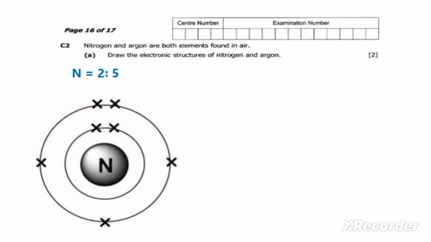Let us also consider argon. Argon, we start with the electronic configuration. So we can see that the first 2 electrons are accommodated in the first shell. Then the next 8 electrons in the second shell. Then the third 8 electrons in the outermost shell.